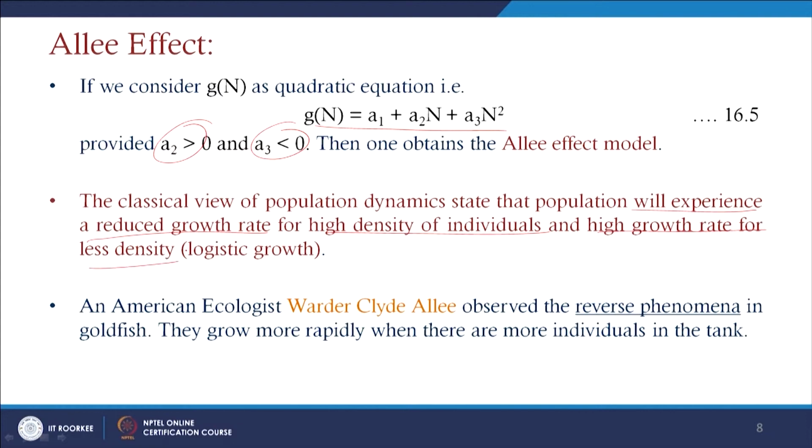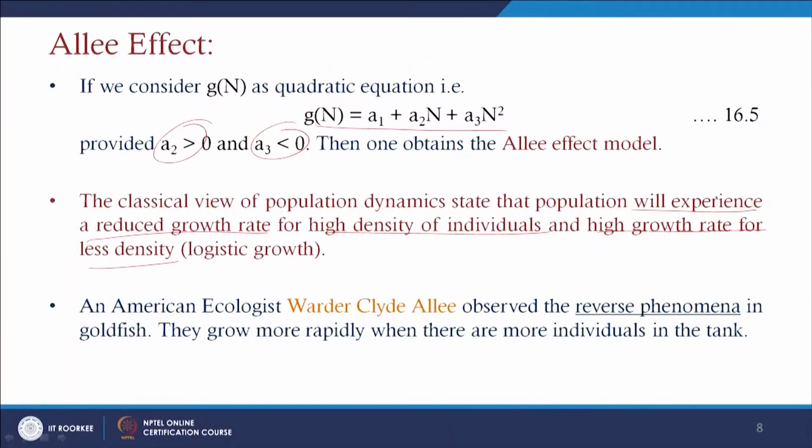So, this means that the population will experience a reduced growth rate for high density of individuals. If lots of individuals are gathered at a position, definitely they will compete for all the resources there, and high growth rate at low density means logistic growth, as we can find.